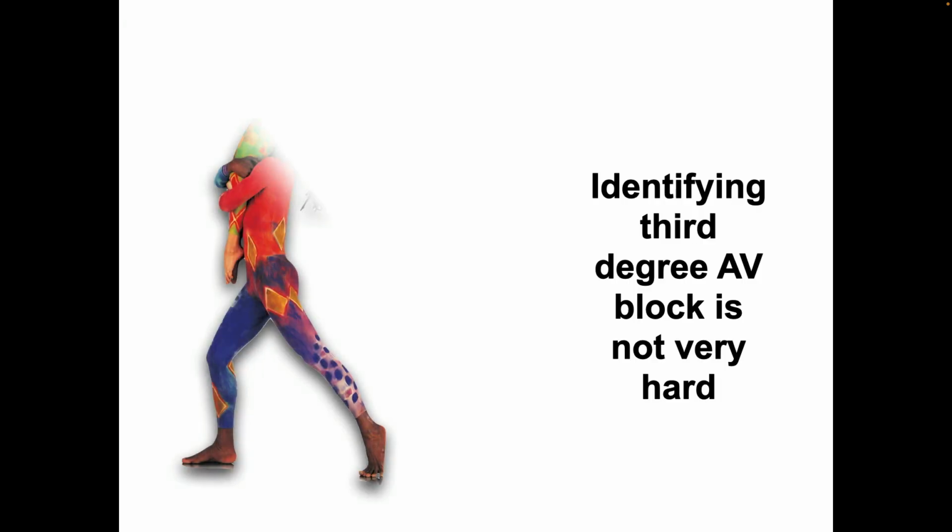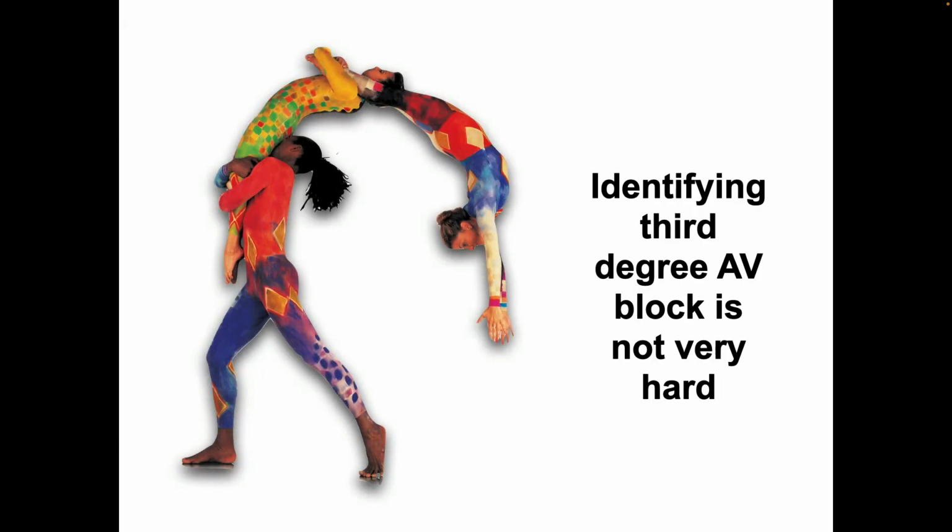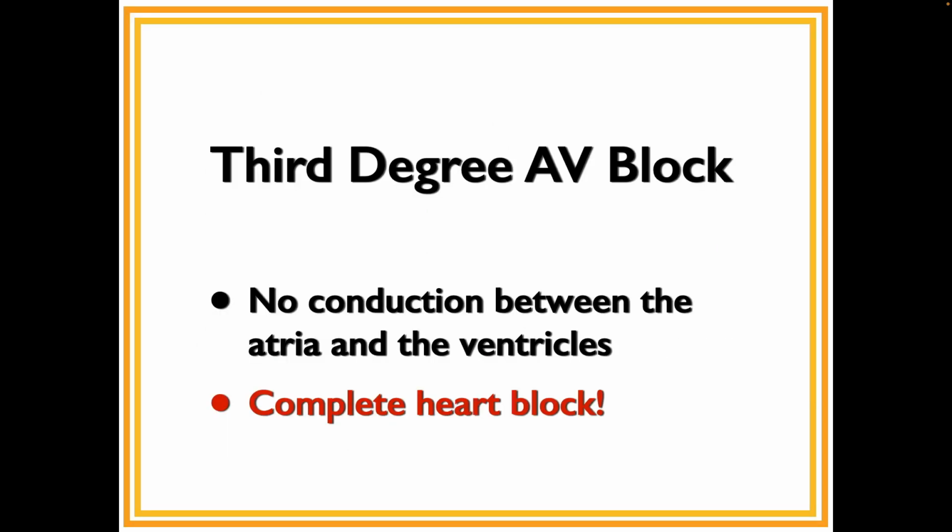So we're going to move on to third degree AV block. One of the things that makes it relatively easy, I think, is that conceptually it's not very hard to understand. Third degree AV block is complete heart block. There no longer is any way for the impulse from the SA node to get down into the ventricles.